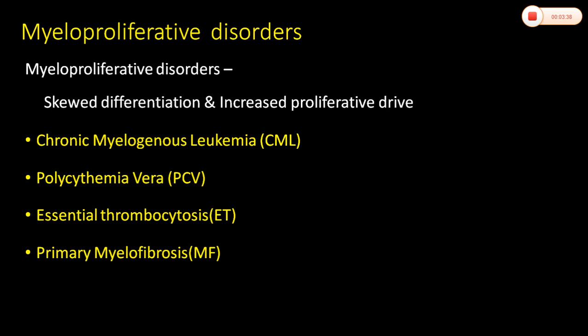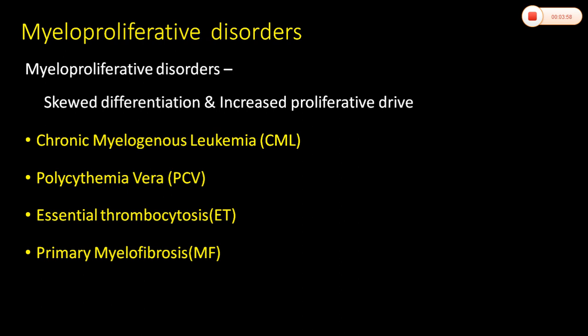So now what happens is this precursor cell will differentiate only either into granulocytes, or it will pick up and develop into erythrocytes, or it may develop into platelets. This is what we call skewed differentiation.